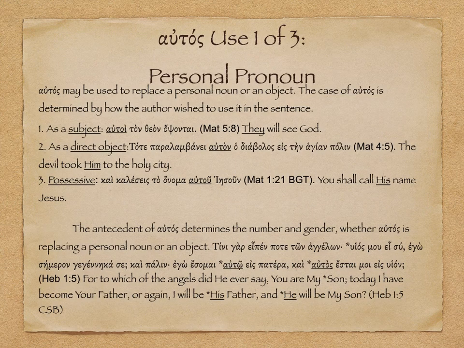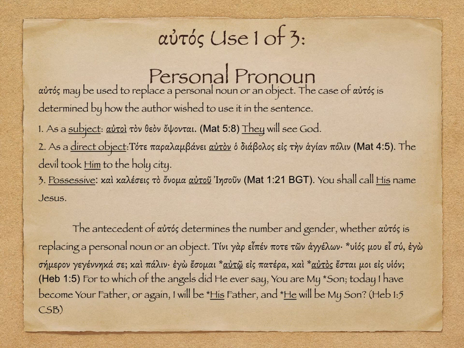Let's move on. Thinking about autos, there are three basic uses of autos. The first is a personal pronoun. This is the most basic use. It's used to replace a personal noun or object. In that situation, the case of autos is determined by how the author wished to use it in the sentence. It can be a subject. Look at number 1.